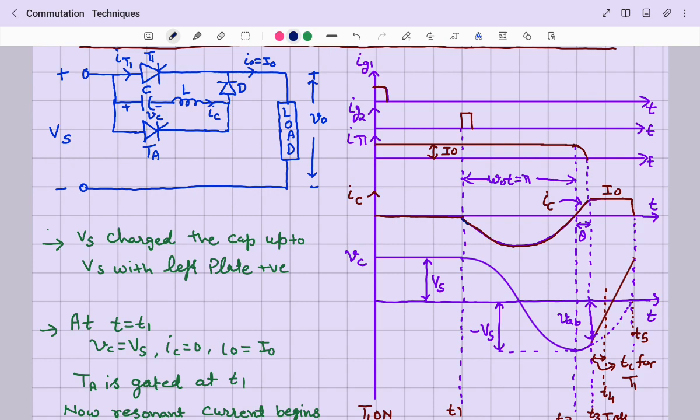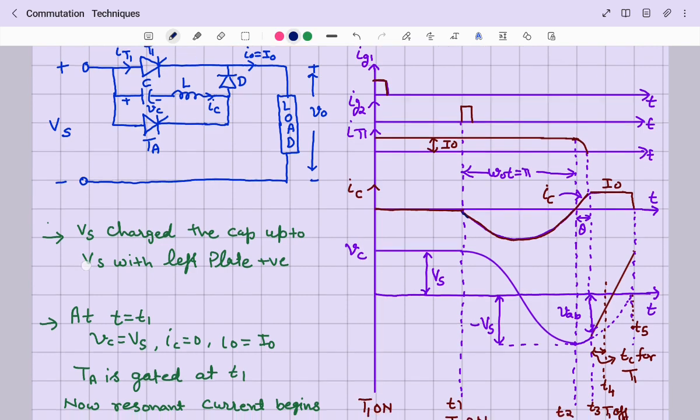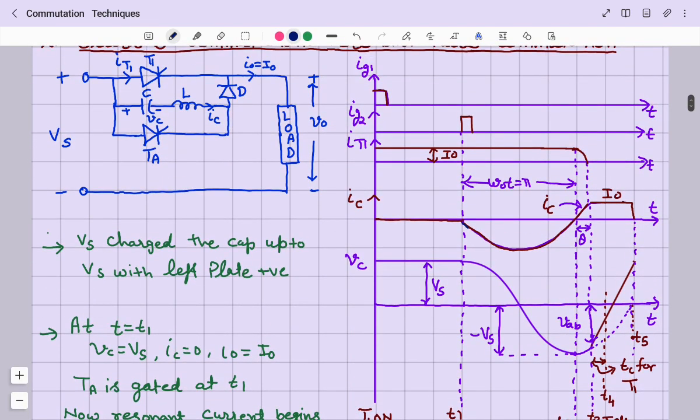During this duration, the capacitor right hand side plate becomes positive and left hand side plate becomes negative. Clear? So at instant T2, thyristor TA gets turned off because the current flowing through it is less than the holding current.